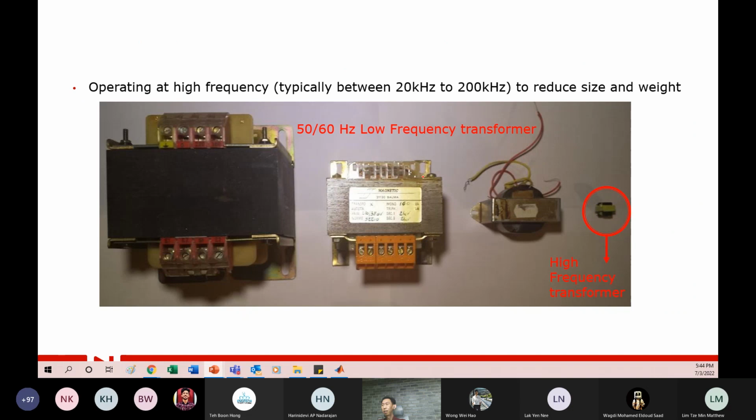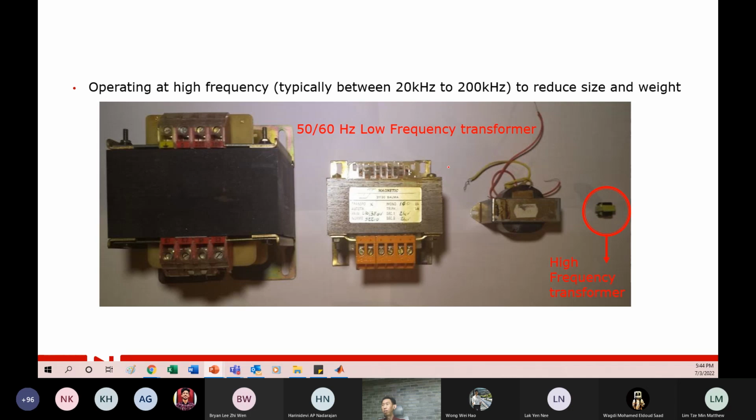So why high frequency? If we look at the transformer size, a 50 to 60 hertz low frequency transformer is this size. The higher the current, the bigger the size and the heavier it is.